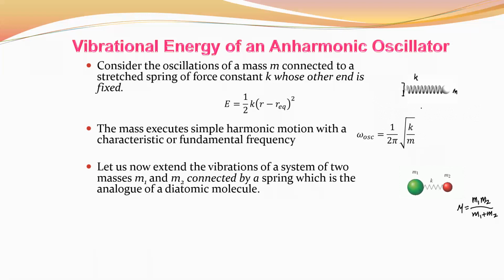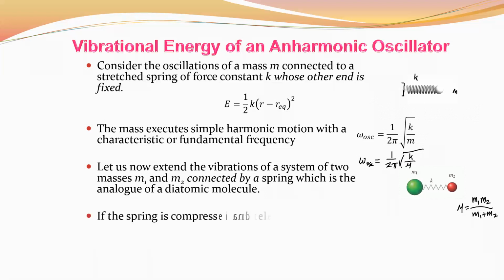So we can rewrite the above expression simply this way: 1 divided by 2 pi root of k divided by, in place of m we substitute mu.